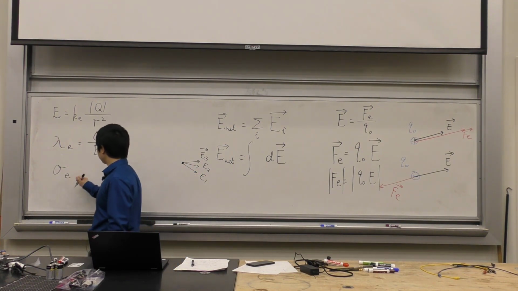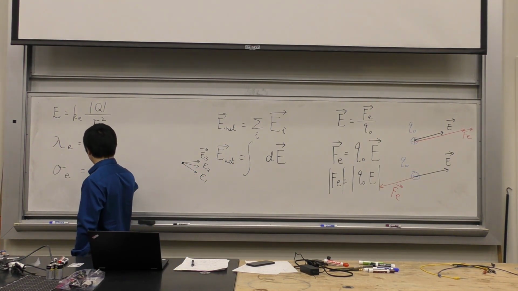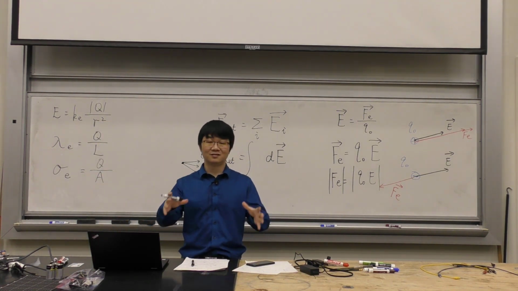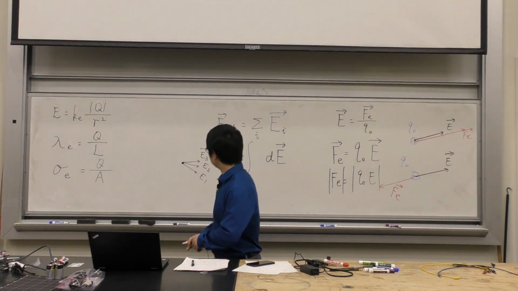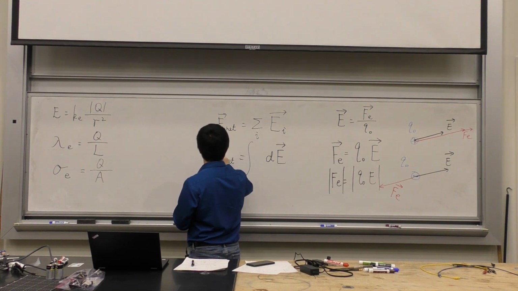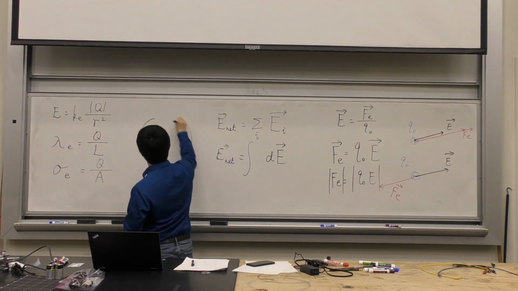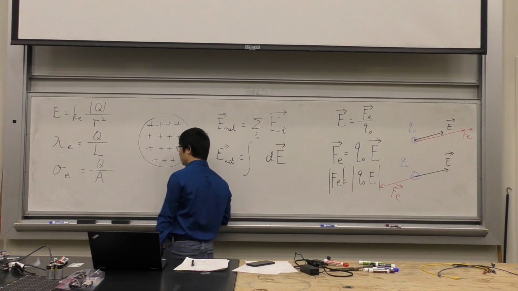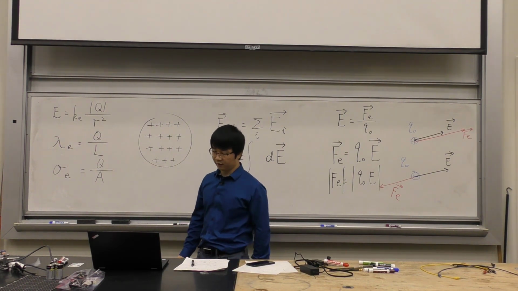The charge is still the total charge divided by the area. For example, if you have a disk with a lot of charge on it, I can define this surface charge density: just divide the charge by the area.